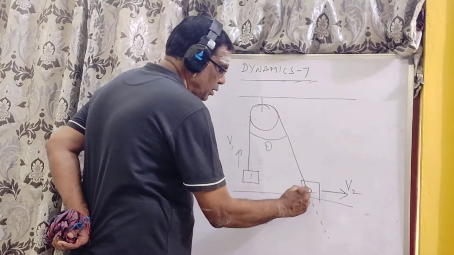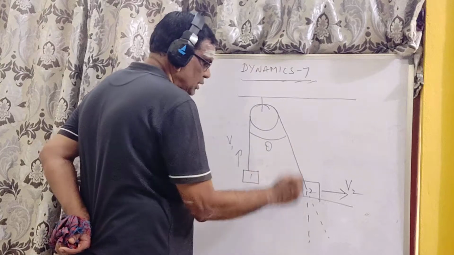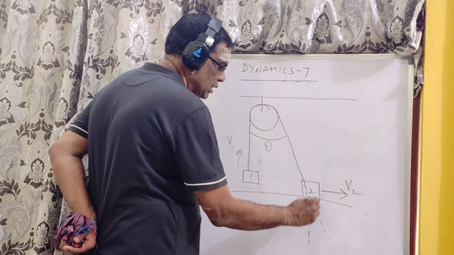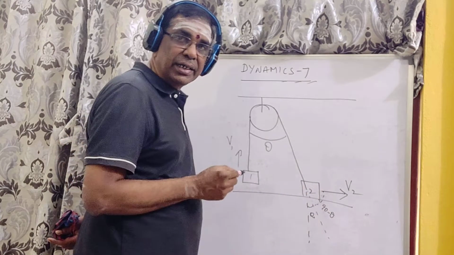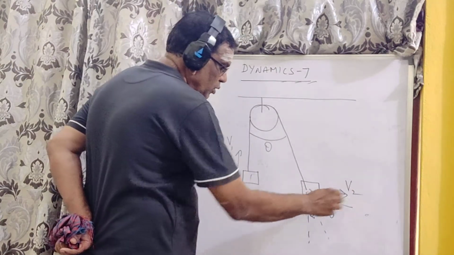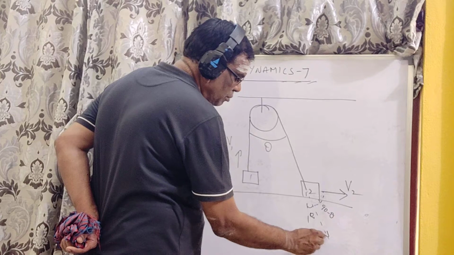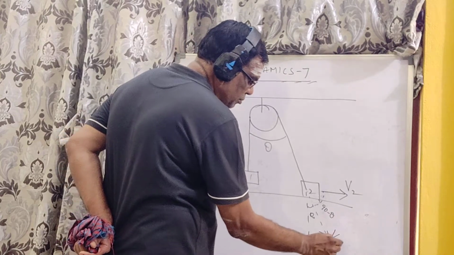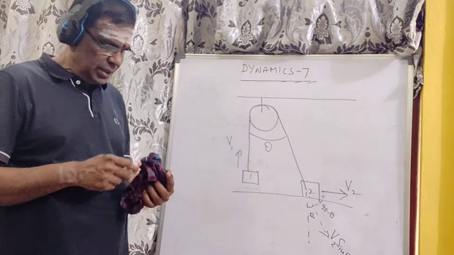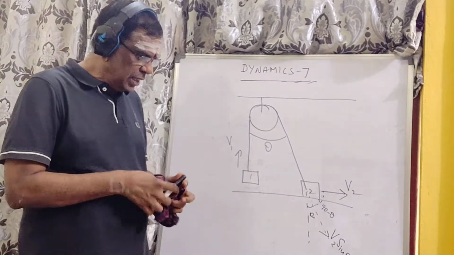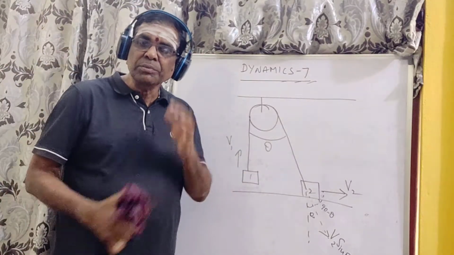Say for example, if this is theta, this is theta, and this is 90 minus theta, alright? Now V2 cos(90 minus theta), that is V2 sin theta. Now I am not interested in the other component.